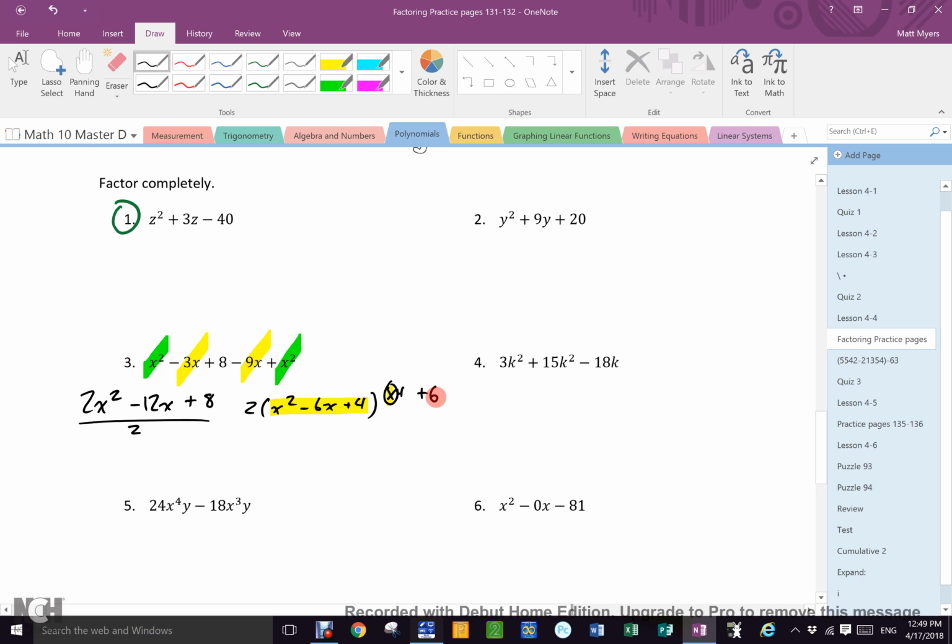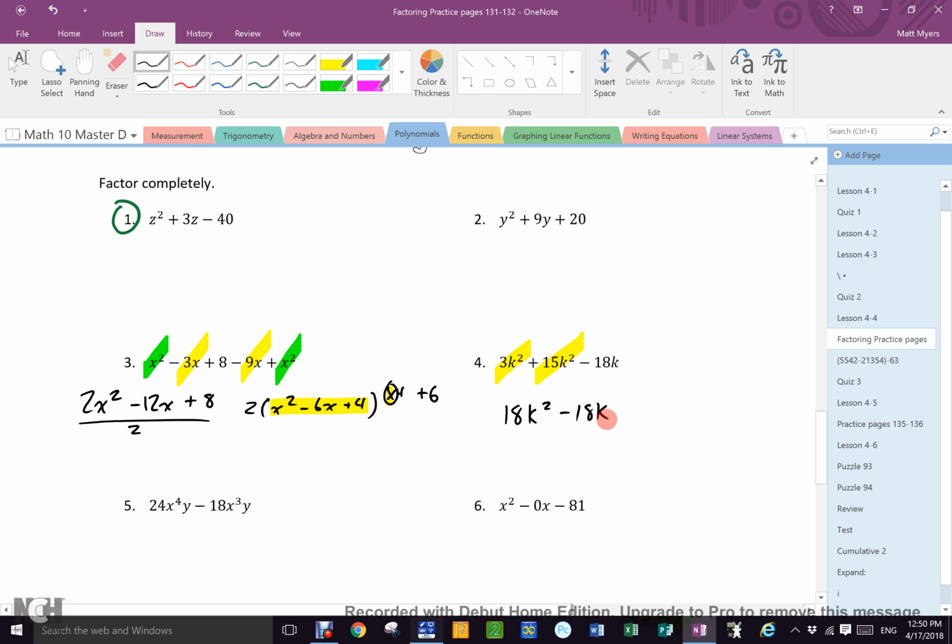Look at 4. It looks tricky because right now it's a trinomial. But is it? There's like terms. What do you see there and there? 3k squareds and 15k squareds, which is how much? 18k squareds minus 18k. Now what do you see?